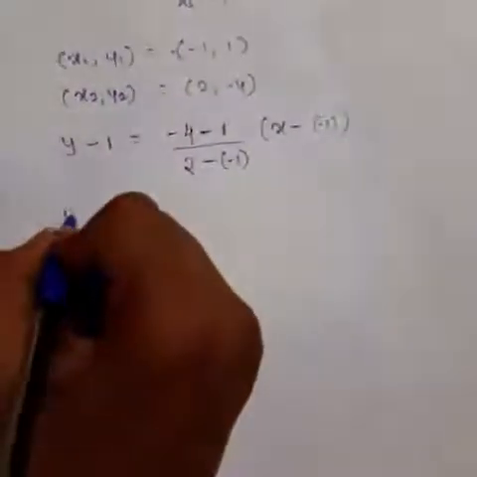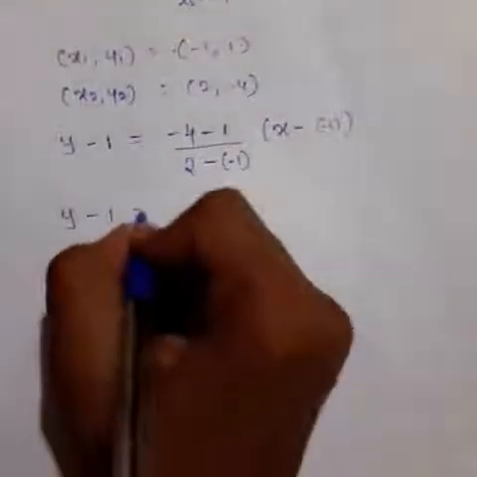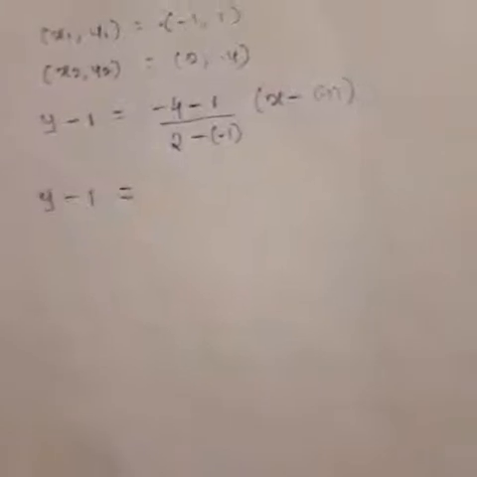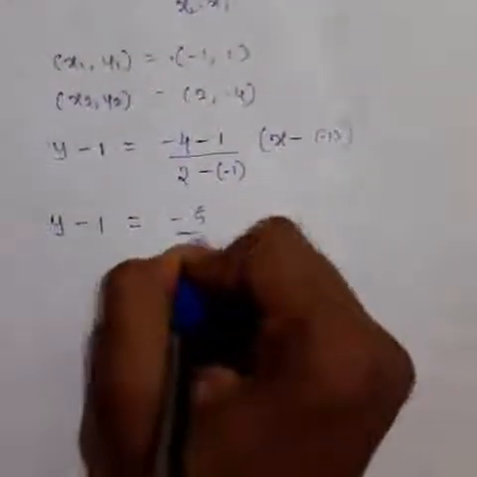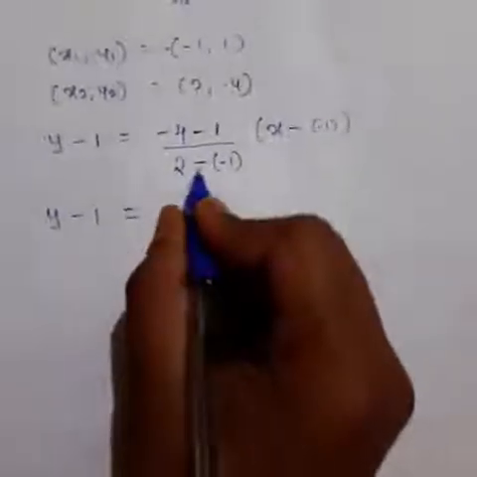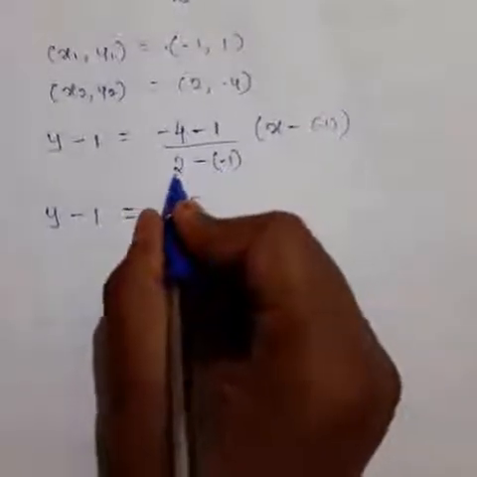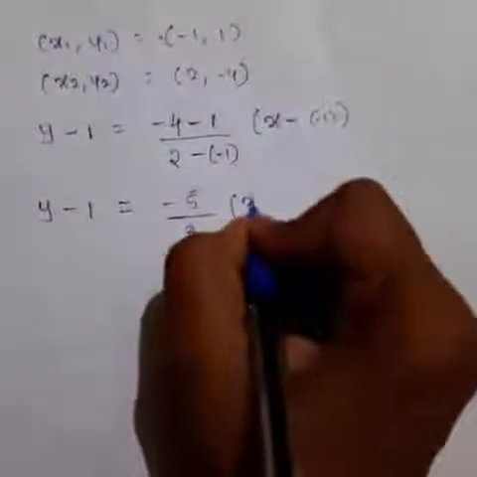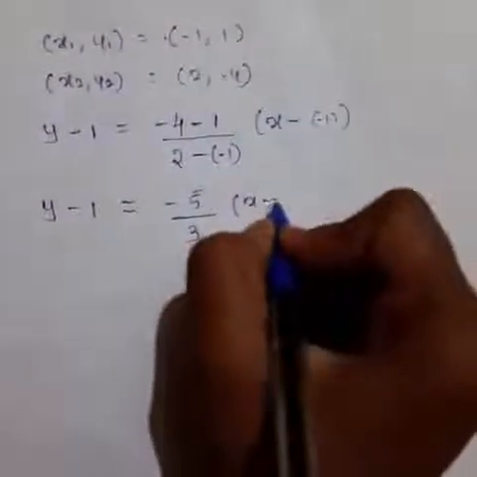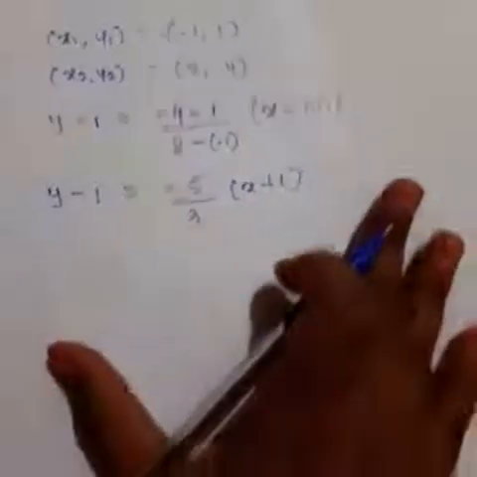Then the next step: y minus 1 is equal to -4 minus 1, that is -5, divided by 2 plus 1, which is 3, into x, minus into minus is +1.